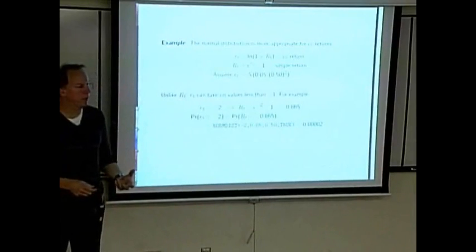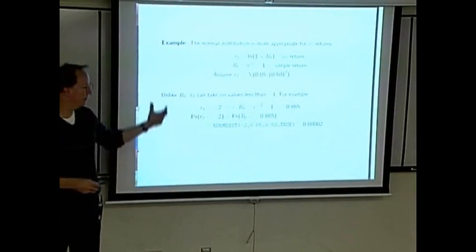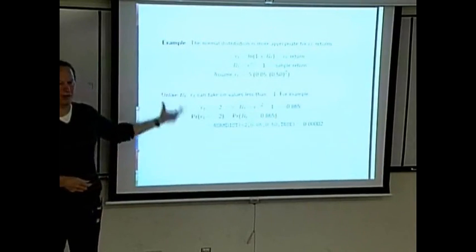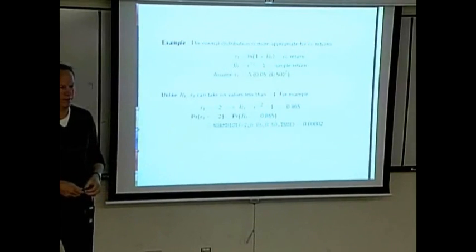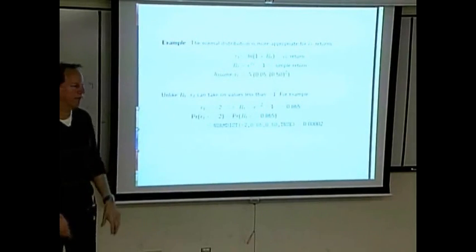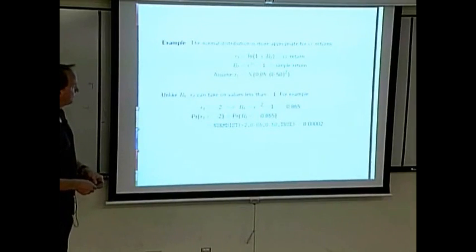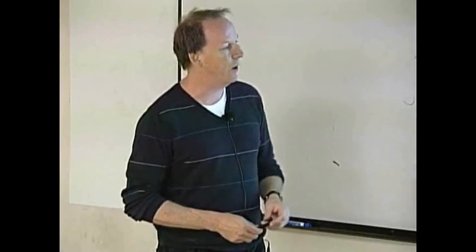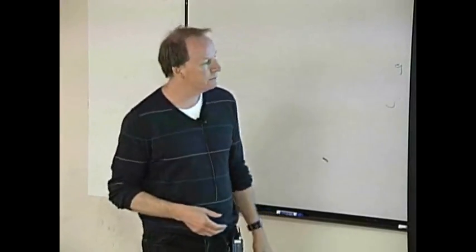So this is an example why we like continuously compounded returns, because we can use a normal distribution. We don't run into any of these problems that returns could be less than minus 1, or prices could be negative, or things like that. So again, I want to emphasize that this is another reason why throughout this course we will often do probability modeling with the continuously compounded return instead of the simple return.